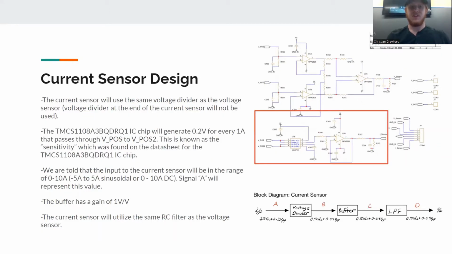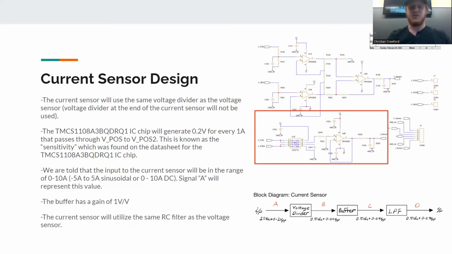For our current sensor design, we will use the same voltage divider that our voltage sensor had. And again, the voltage divider at the end of our current sensor will not be used. Our IC chip generates 0.2 volts for every 1 amp of current that passes through V positive to V positive 2. This is known as our sensitivity and can be found on the data sheet for that IC chip.